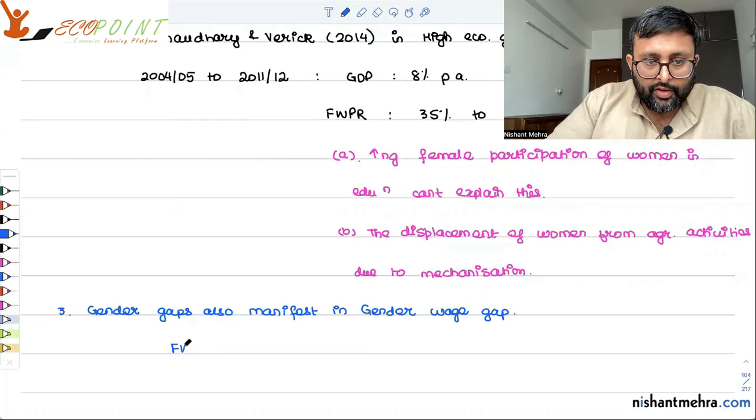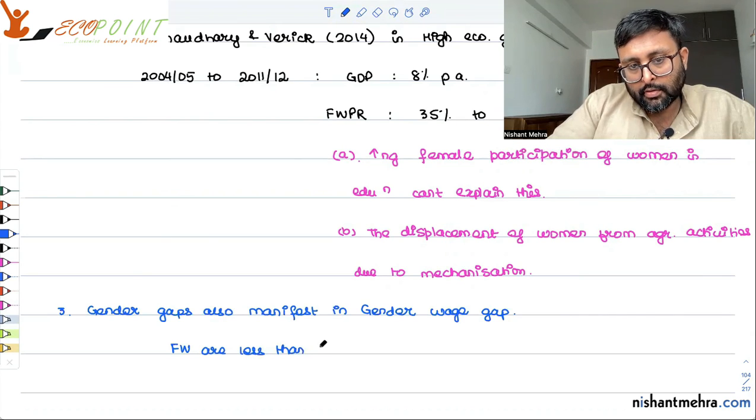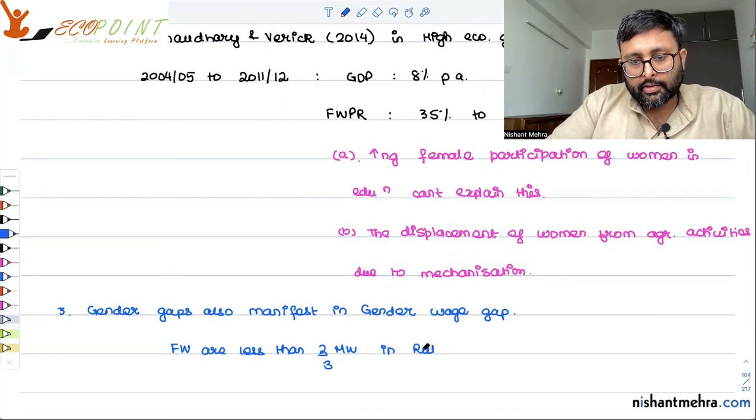So female wages are less than 2/3 of male wages in rural areas.